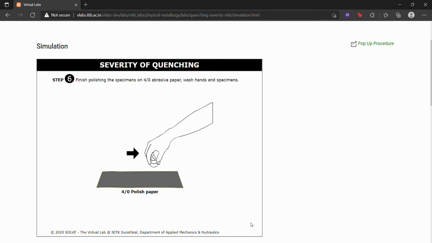Step 6 is to finish polishing the specimens on 4/0 abrasive paper. After that, wash hands and also the specimen.